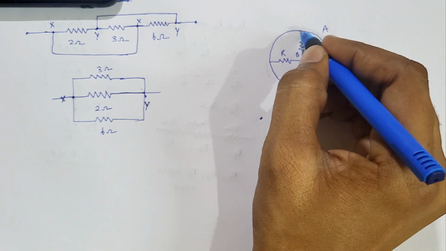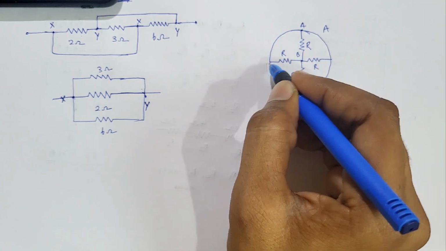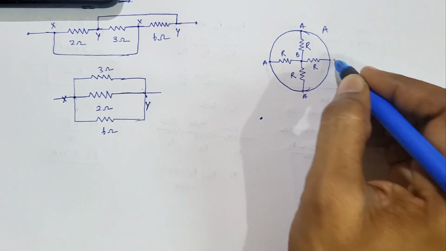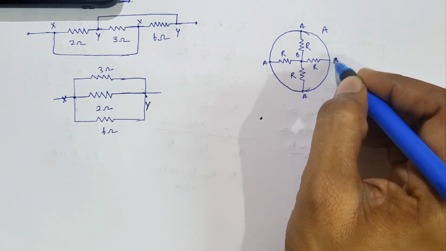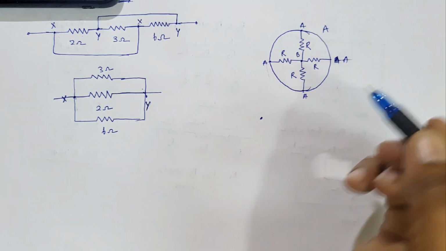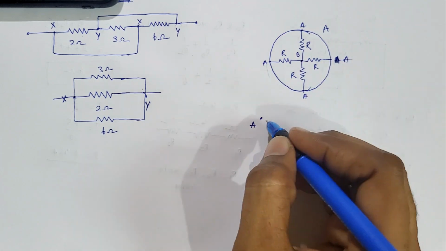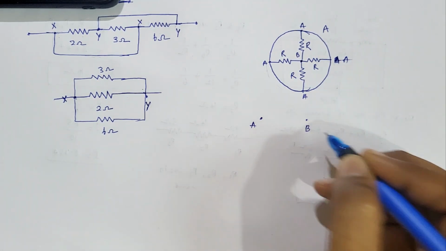And if you look at this resistance, this is also A, this is also A, this is also A, this is also A. So this is A, and we have to find the resistance between A and B. So I took A and I took B also.